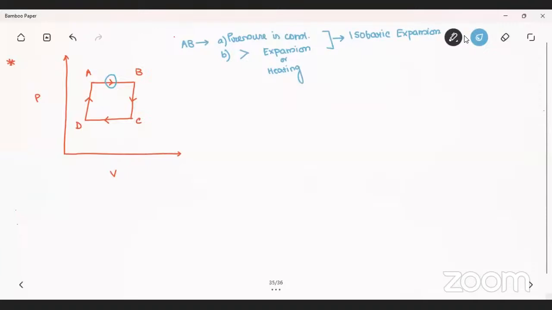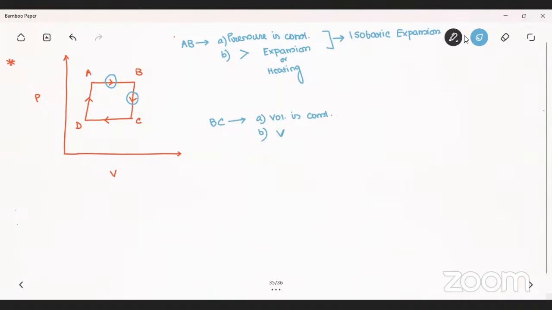Then comes BC. What is BC? For BC, it is parallel to pressure, so our volume is constant. Volume is constant means isochoric. But the arrow is downward.